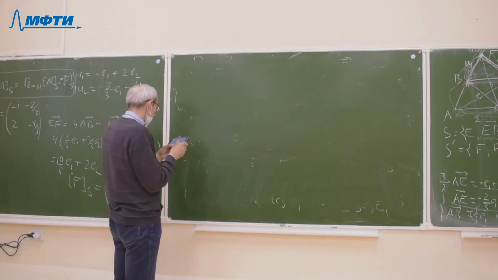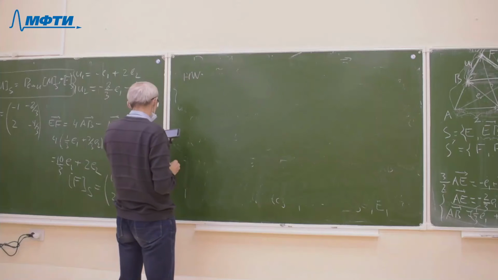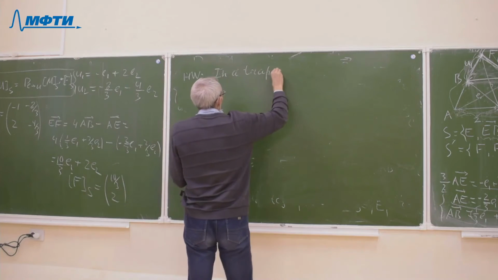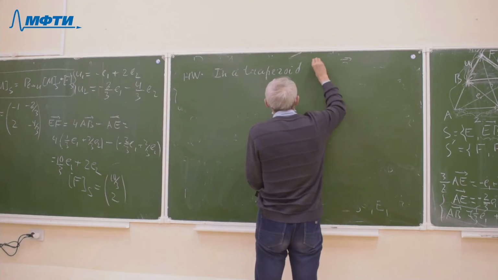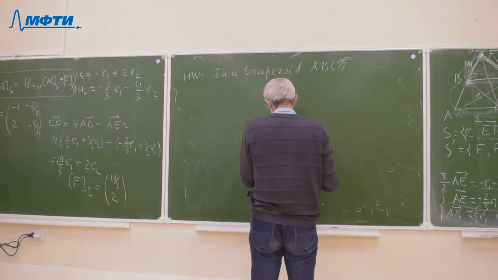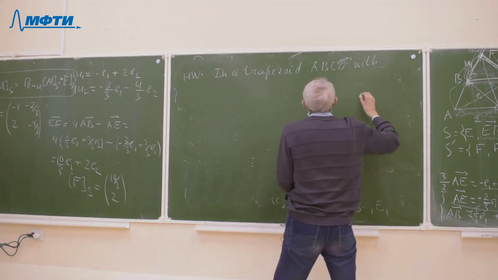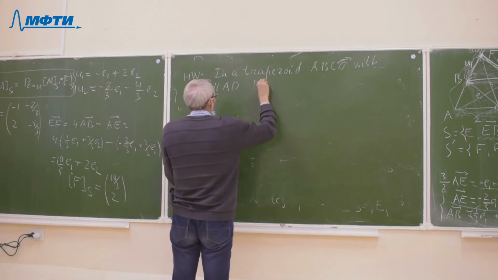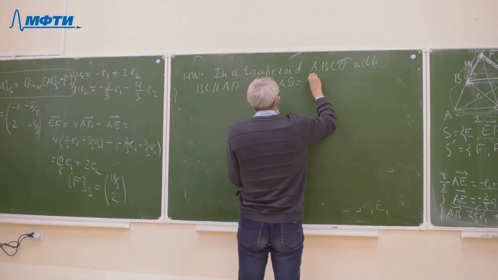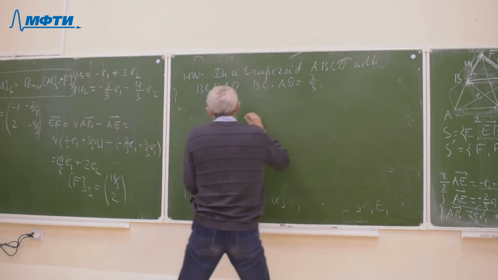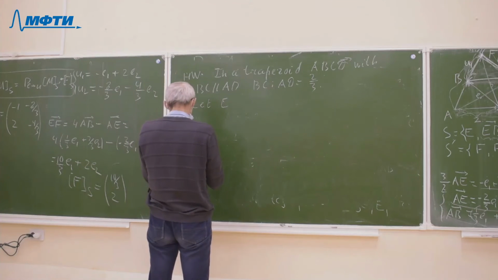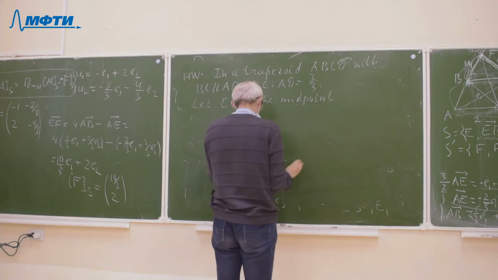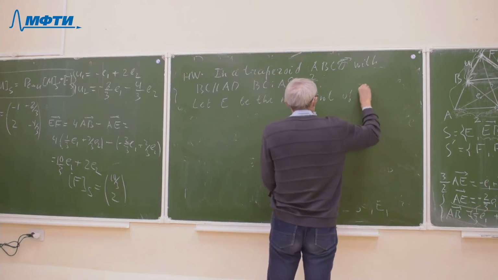It's a more simple homework. In trapezoid ABCD with BC parallel to AD, the ratio BC to AD is equal to 2 to 3. Let E be the midpoint of AD.